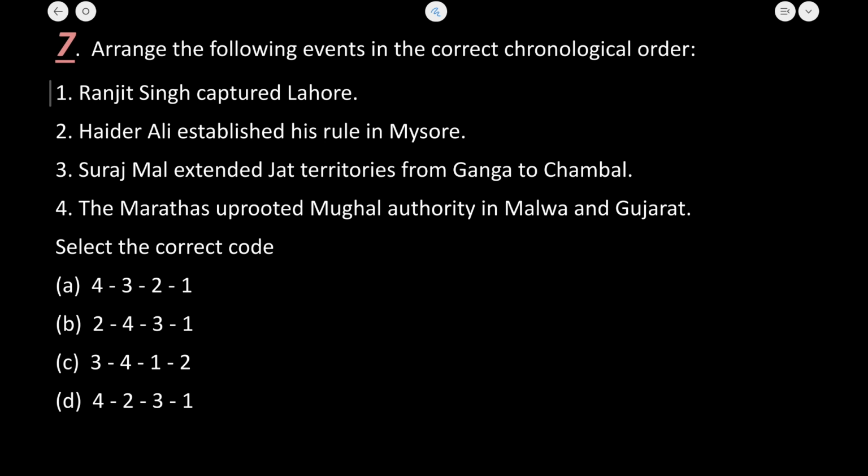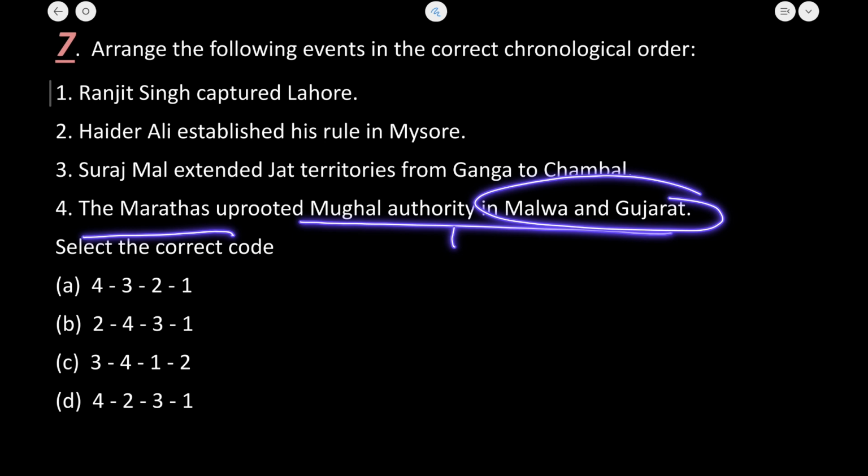So the Jat empire reached its zenith during the tenure of Surajmal. Now it was in the late 1760s when he extended these territories, and the Marathas uprooted Mughal authority in Malwa and Gujarat. So they also controlled the areas in around 1760s के.